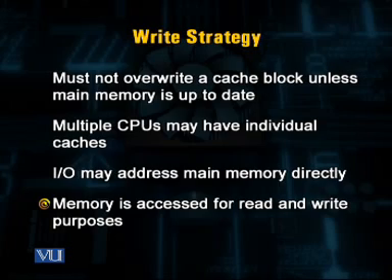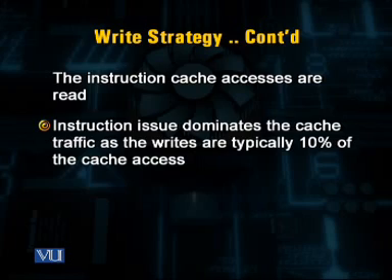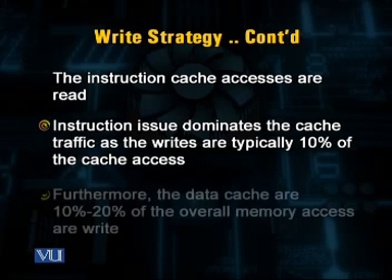The caches may hold instructions or data, whereas the instruction cache accesses are usually the read accesses, and the instruction issue dominates the cache traffic as the writes are typically 10% of the cache access.